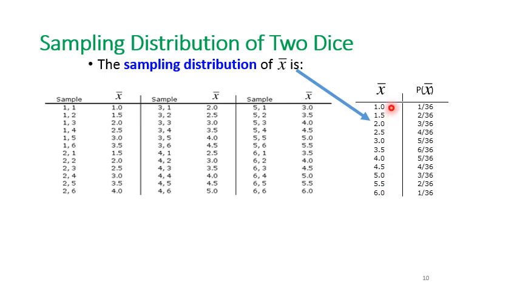Okay, we can compute the probability of each of these values. How can I compute the probability that x bar will take a value equal to 1? I will return back to this table, search for the value of 1. I will find that 1 occurred only once in the values of x bar. So its probability is 1 over 36 because I have 36 possible outcomes.